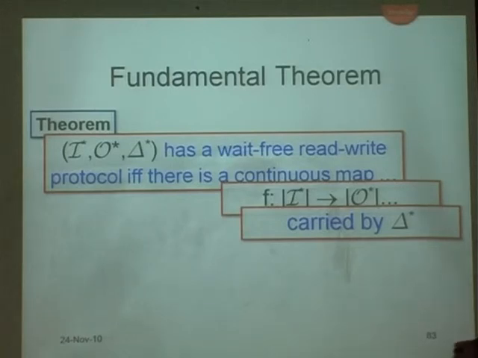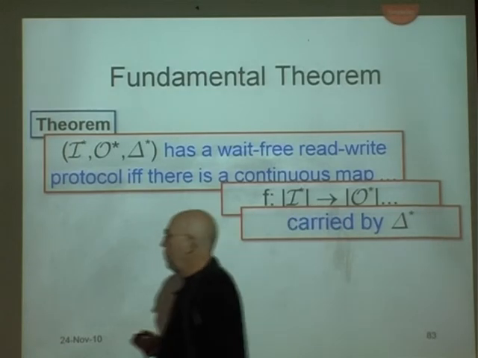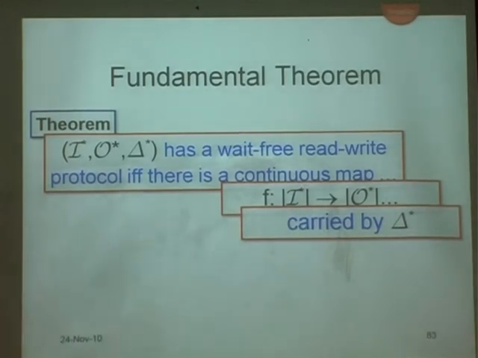A continuous map? Oh, so you take the input complex, which is defined in a combinatorial way. You turn it into a point set in space. You do the same thing for the output complex. And then you have this delta star that says, if you're in this region of the input, you can end up in that region of the output. If you can find a continuous map that agrees with that, then a protocol exists.